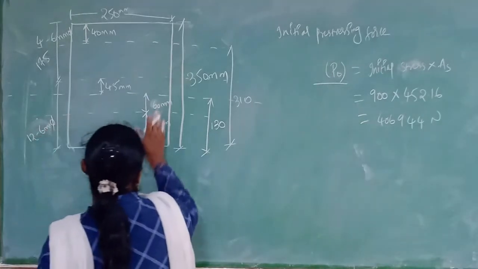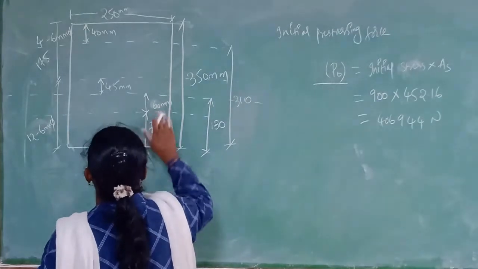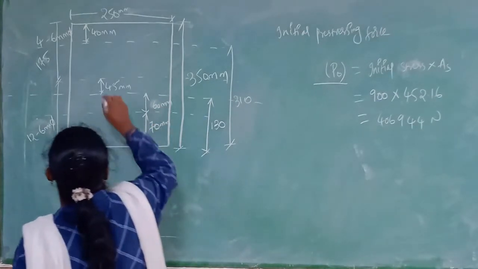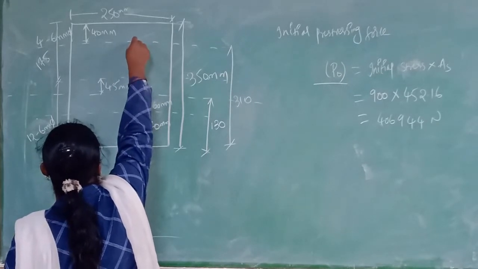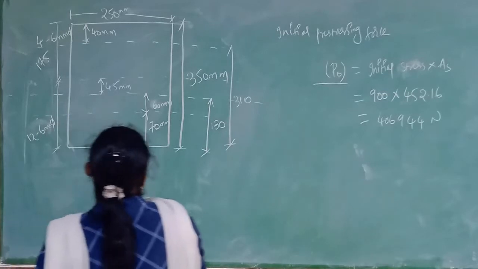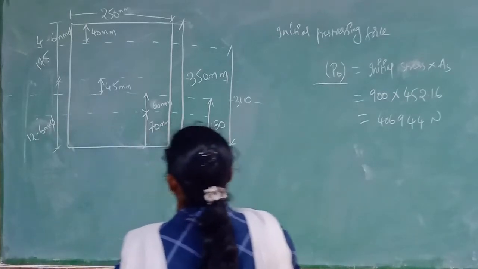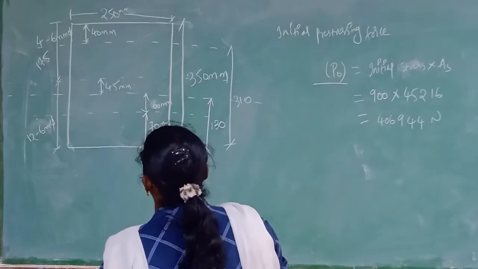So this part will become 130. So right, from here to here how much it will be?